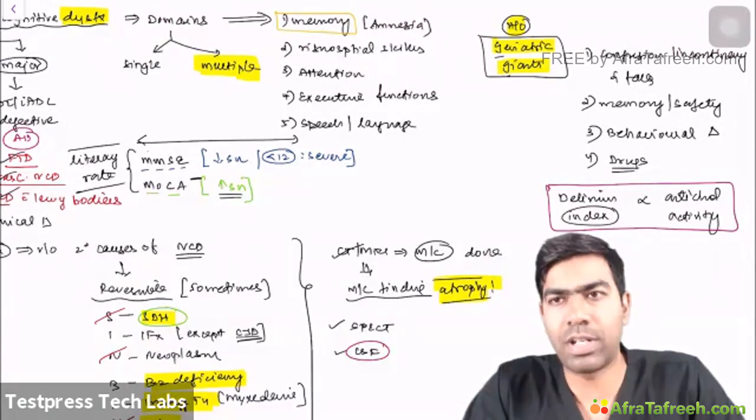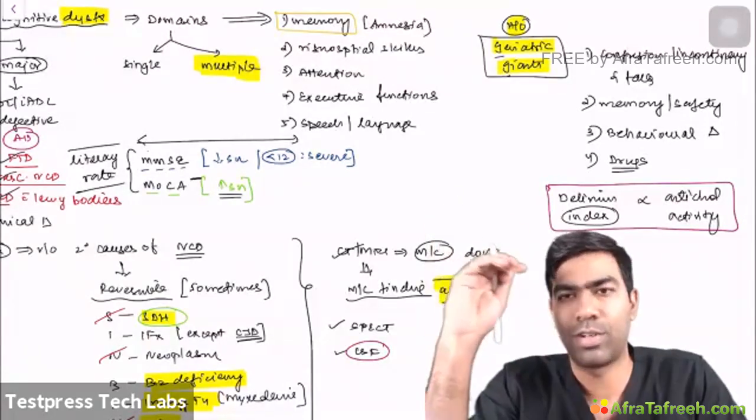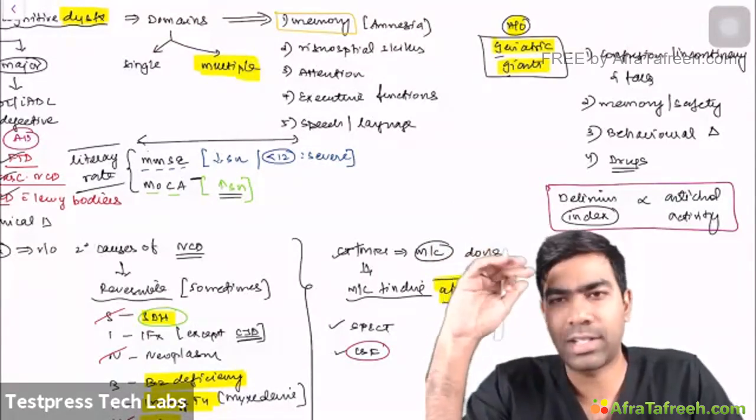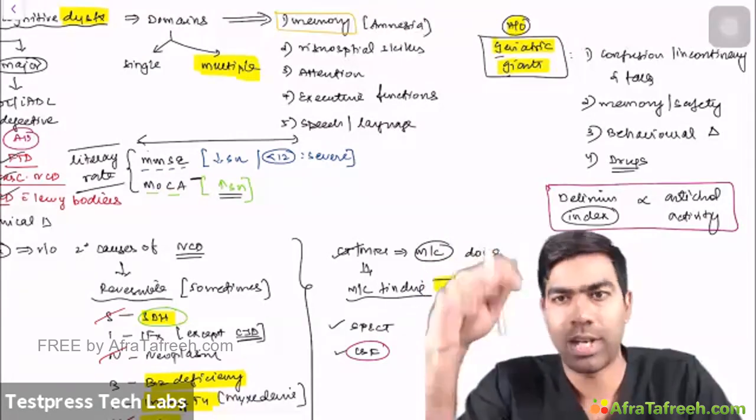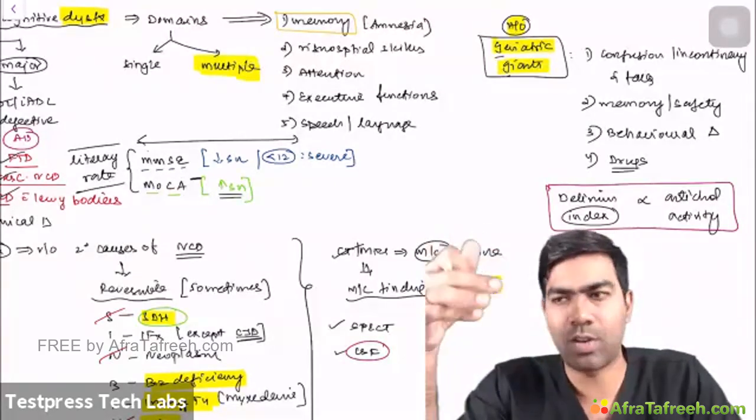That is why atropine is on the top of the list, 100%. Delirium index and anticholinergic activity is 1, because atropine is the criterion standard for anticholinergic drugs. That's why whenever you give atropine, the patient goes into delirium.